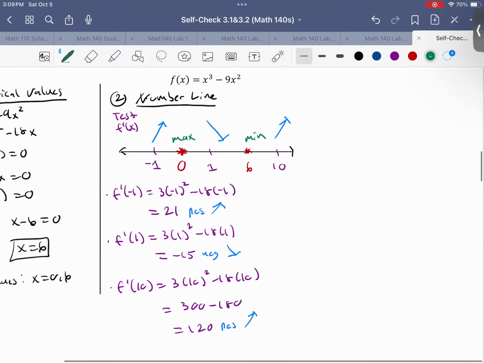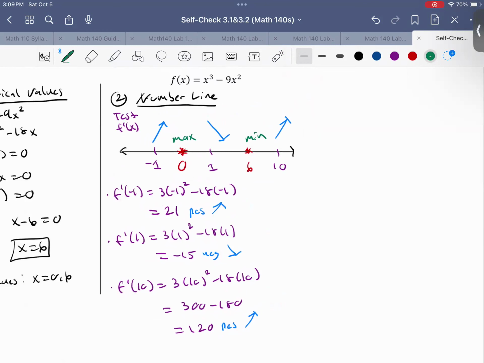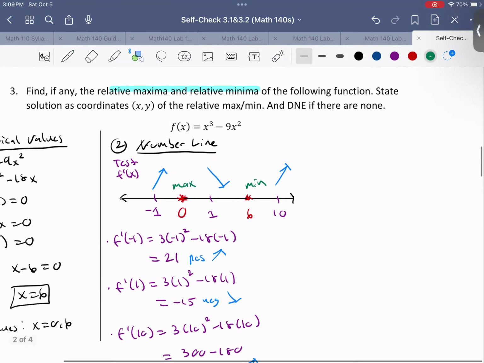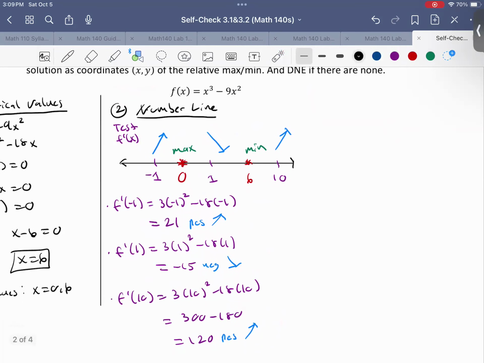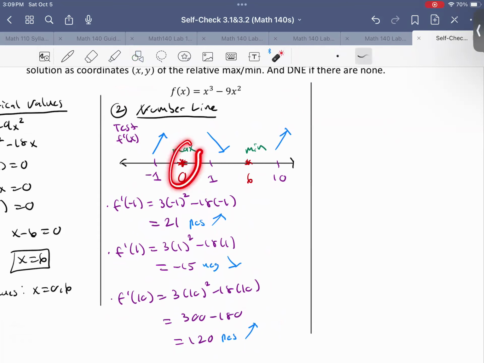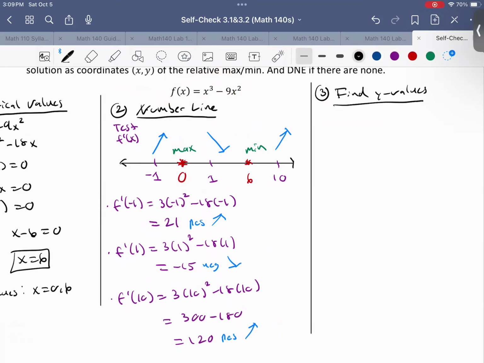Okay, so lastly, we have that set up. So now it's the point of just finding the XY coordinates where these max and min are. So let's do that for the last step, and that's really just plugging in those critical values that we found here and here into our function and getting the real coordinate points. So I'll say something like find y values.